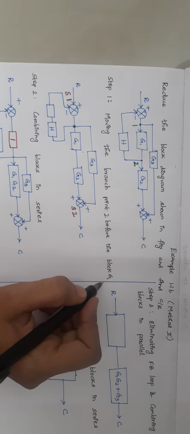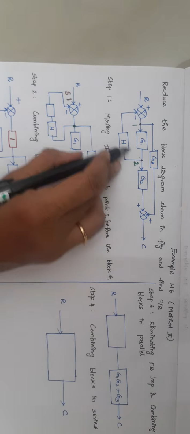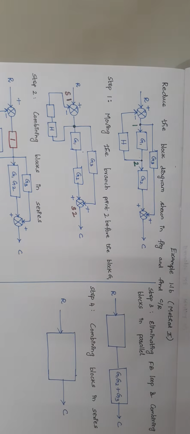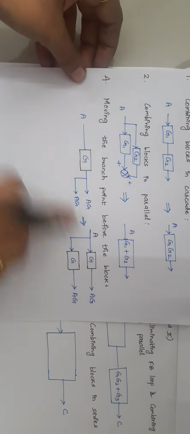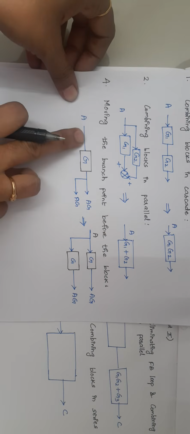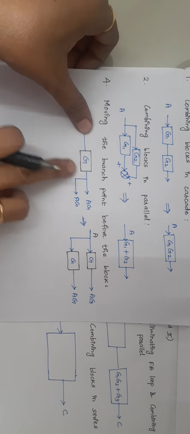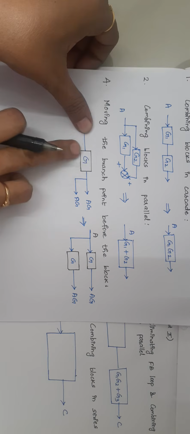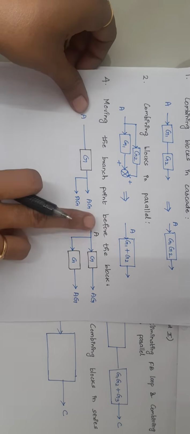Whenever we move a branch point in front of a block, we have to use our rule number 4. Whenever a branch point is moved in front of the block, we have to include the element which is present in the feed forward path.